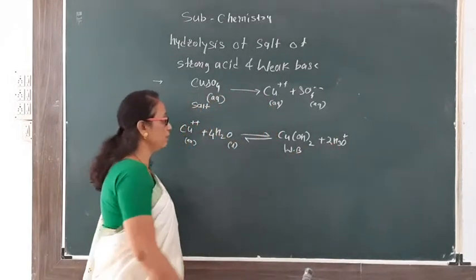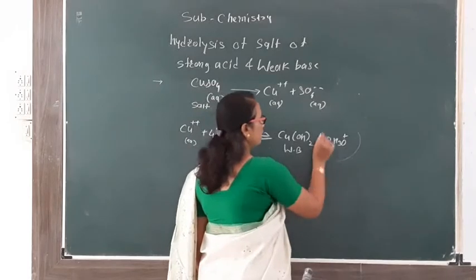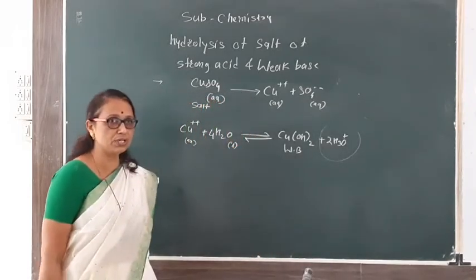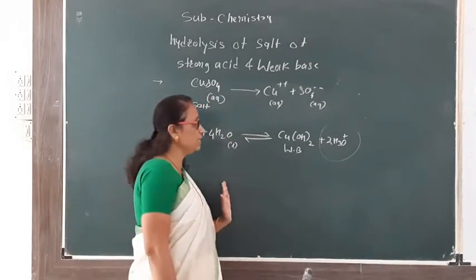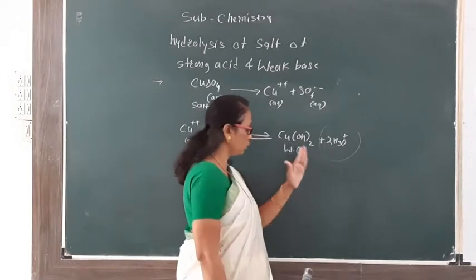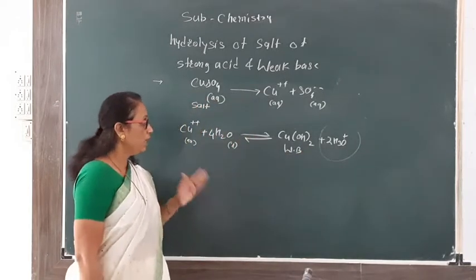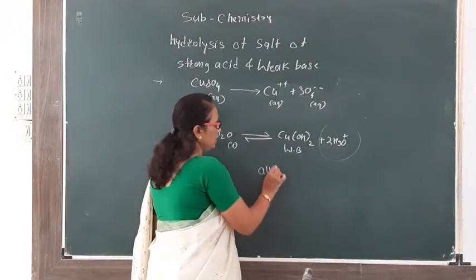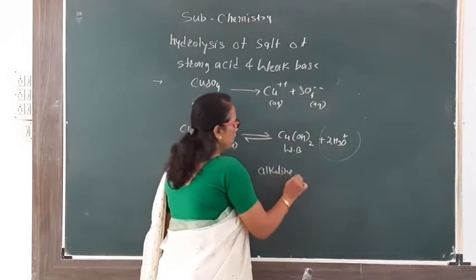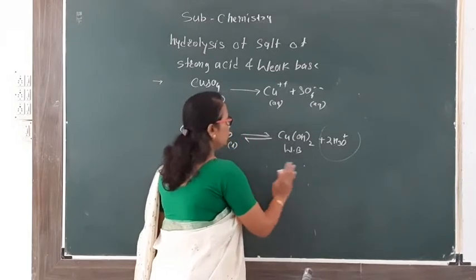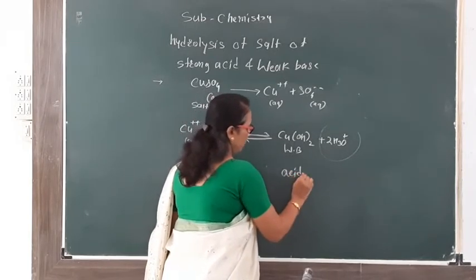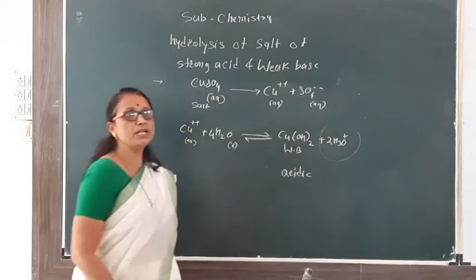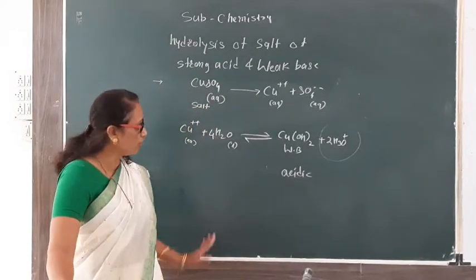At equilibrium, there are more H3O+ ions in the solution, and as there is an excess of H3O+ ions, the nature of the solution is acidic, because the concentration of H3O+ ions is more.